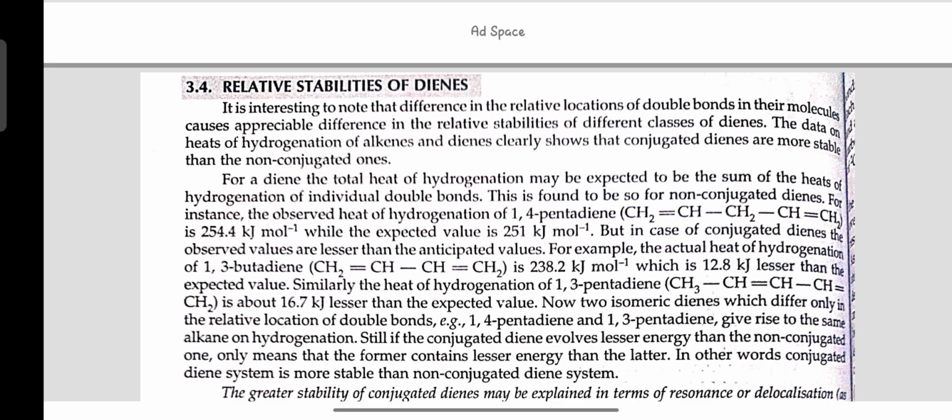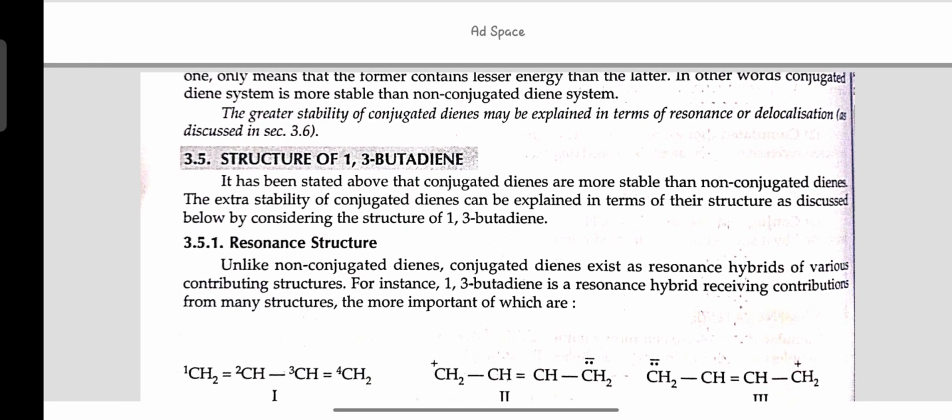Still, if the conjugated diene evolves lesser energy than the non-conjugated one, it only means that the former contains lesser energy than the latter. In other words, the conjugated diene system is more stable than the non-conjugated diene system. The greater stability of conjugated dienes may be explained in terms of resonance or delocalization.